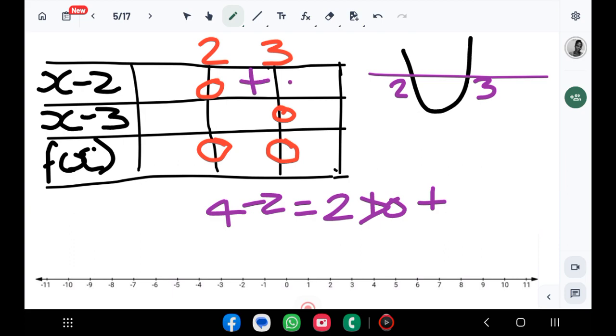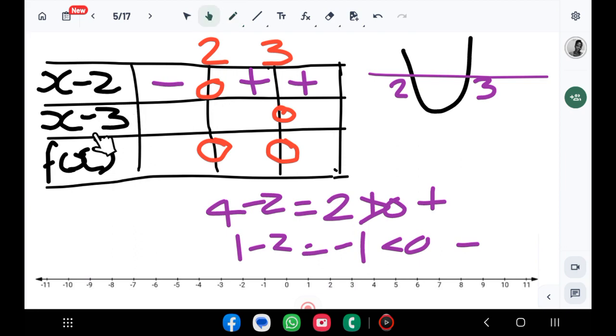So it is positive to the right of 2 for this particular factor. Very important. Now what happens to the left of 2? What happens when your x is anything less than 2, 1 or 0, for example? 1 minus 2 is equal to negative 1, which is negative. So it is negative to the left of 2.